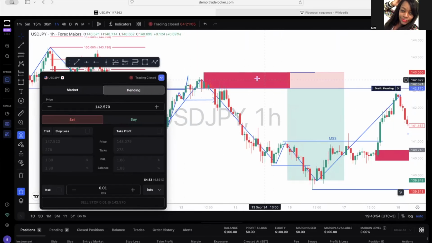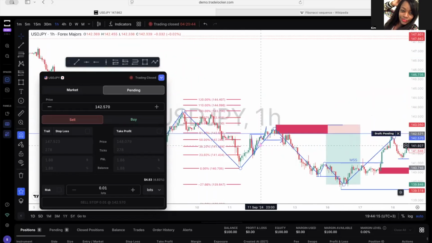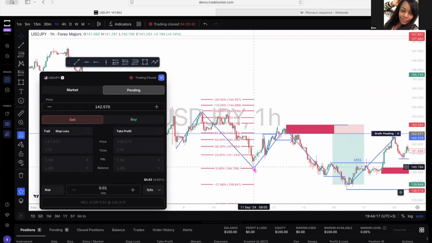I covered my swing high because once price broke through here, this was my swing high, and at the time this was my swing low. Then price pulled back into the pending limit and sold down to either this low here, whichever one you choose, or the negative 27 here.